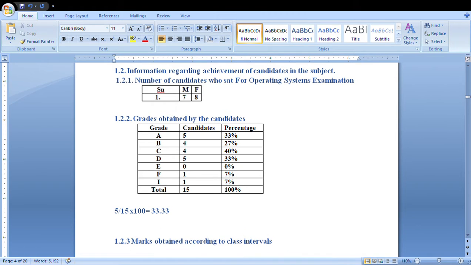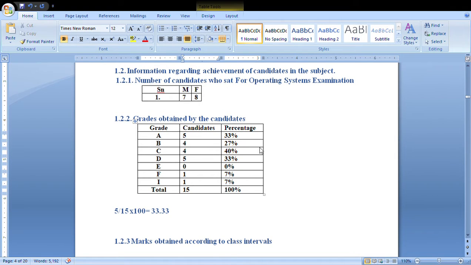We are supposed to do this for all the grades that we had. For example, we consider grade B. We have 4 students who had grade B. To find the percentage of students that had B, we take 4 and divide that by 15, and we get 0.266.